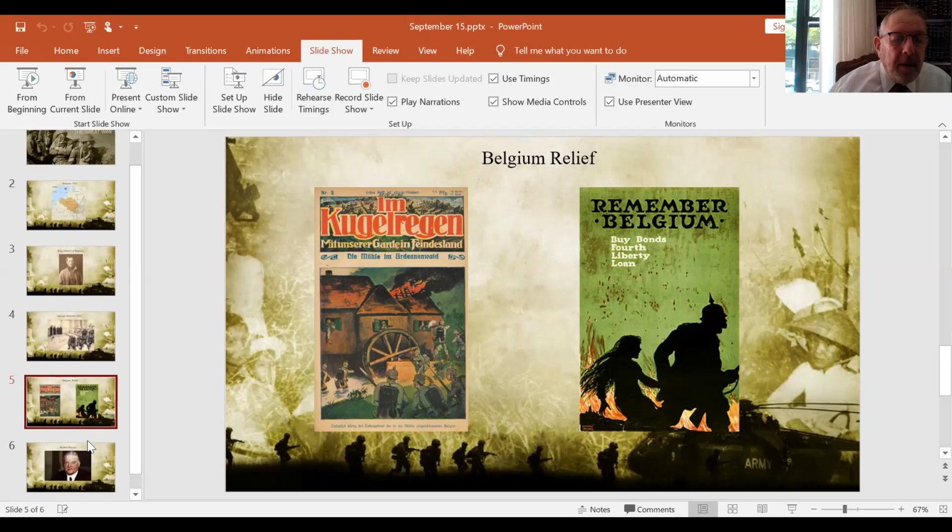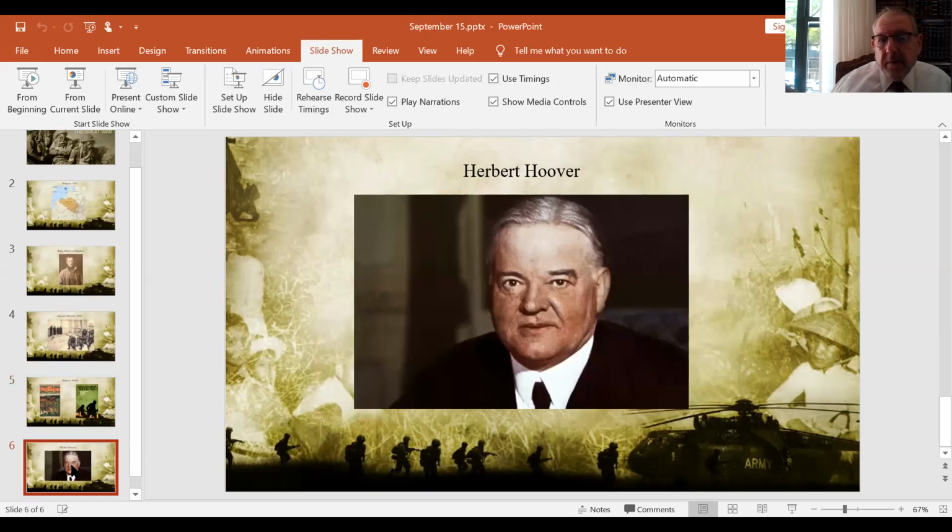In America, word got out, and the Americans are outraged. The truth is that what the Germans did in Belgium was one of the first steps towards America moving slowly towards becoming involved in World War I. The Americans wanted no part of World War I. America was an isolationist country. We'll talk more about it when we get to the American entry.